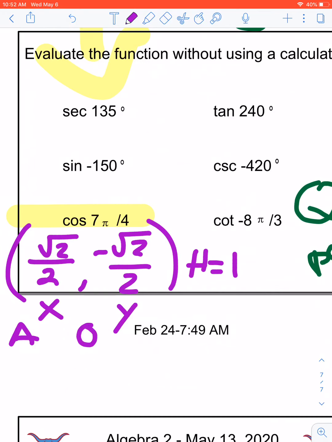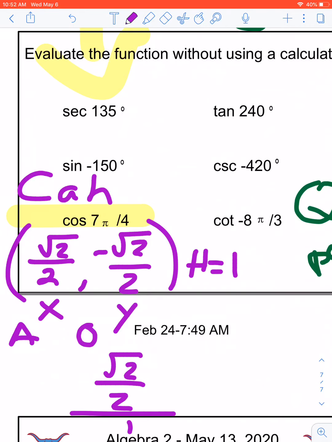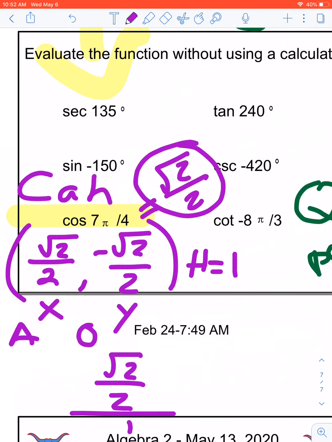Again, it's kind of overkill writing this out every single time, but hopefully it helps you. So cosine is adjacent over hypotenuse. My adjacent is √2 over 2 over 1, which is just going to be, my answer is √2 over 2. Okay.